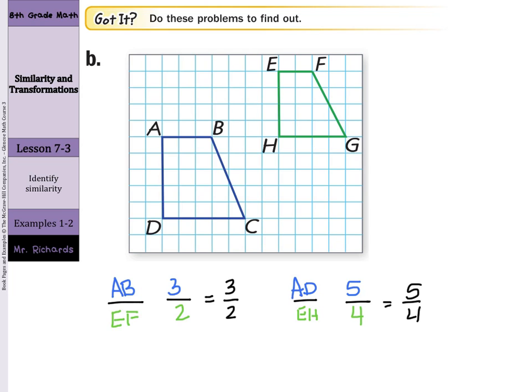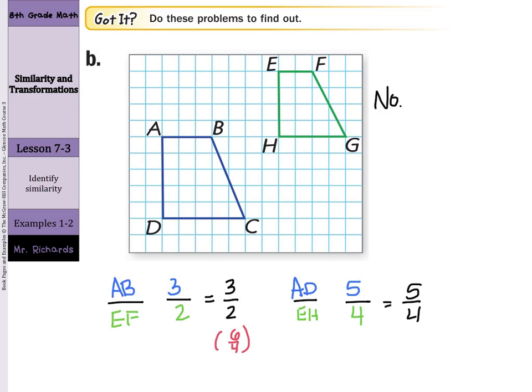So right now we can already tell that our ratios are not going to be equal. I mean, after all, 3 halves, if we multiply by 2 on top and bottom, is 6/4. And 6/4 is not equal to 5/4. So our answer for this question on whether or not these are similar is no.